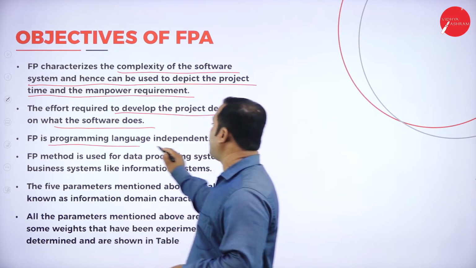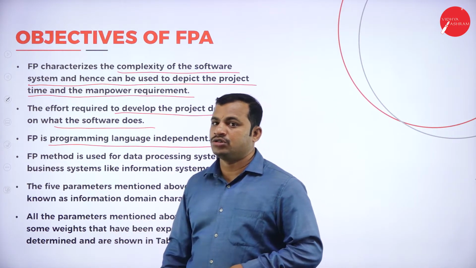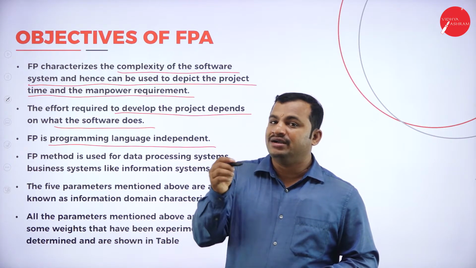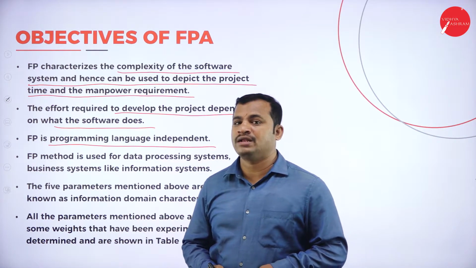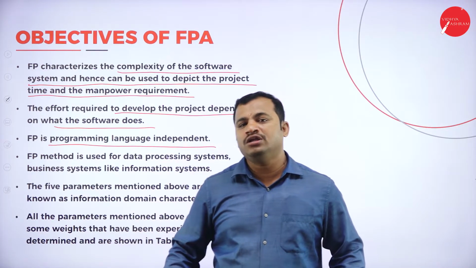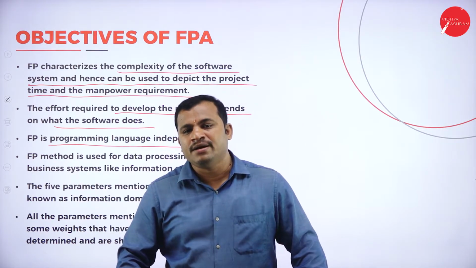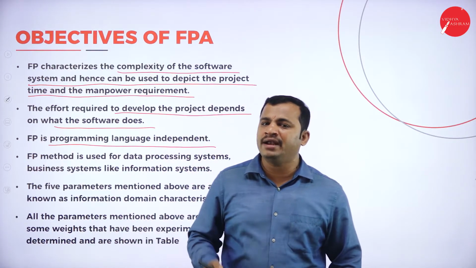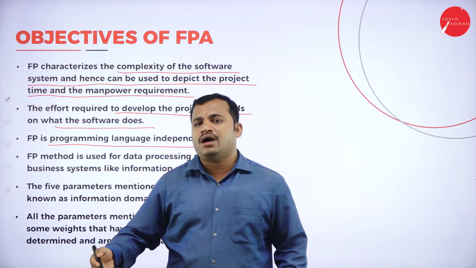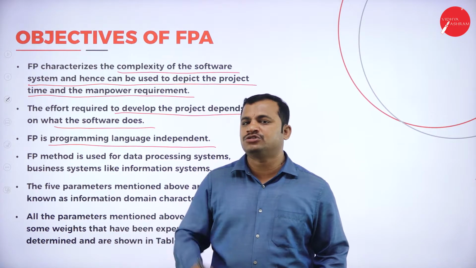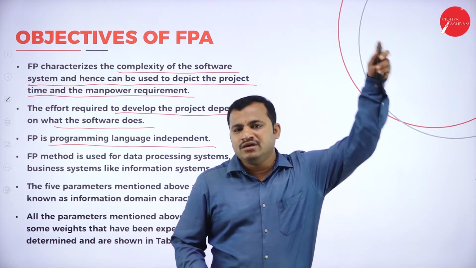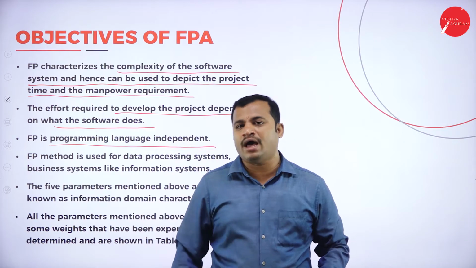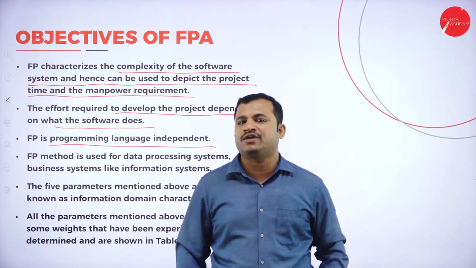Function point is programming language independent. In a few of the technologies, Python has some libraries. With those libraries, I can define and achieve the desired goal in a few lines of code. Similarly, if I have the C programming language, in order to achieve the same desired goal, I need to write thousands of lines of code.